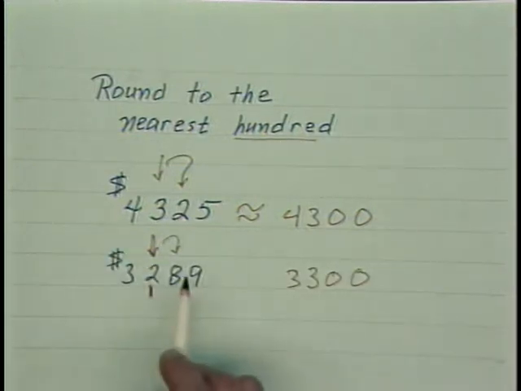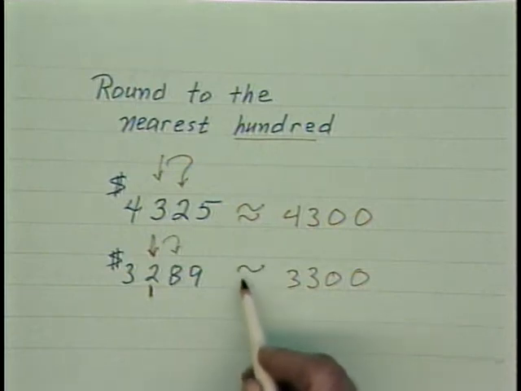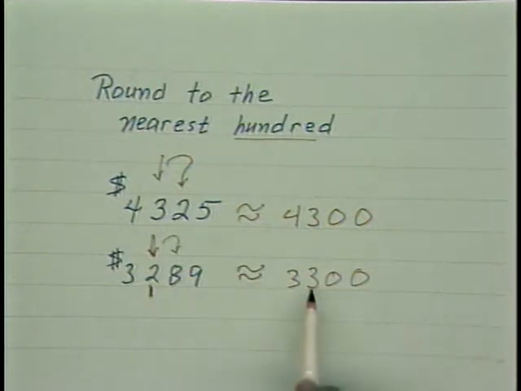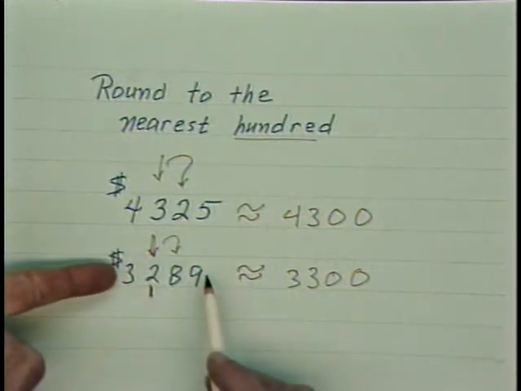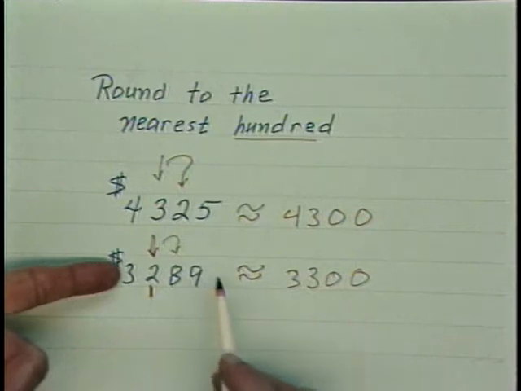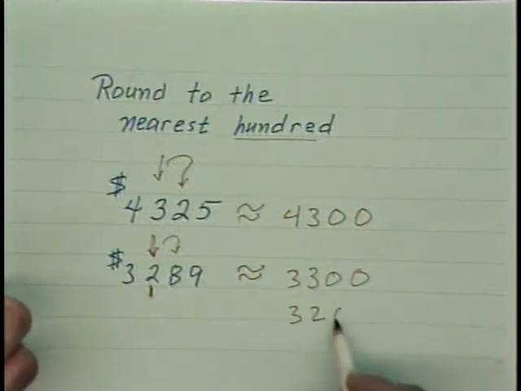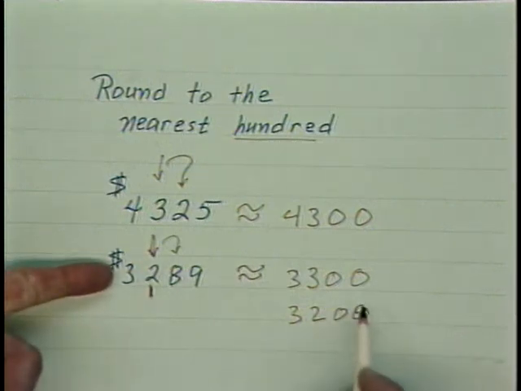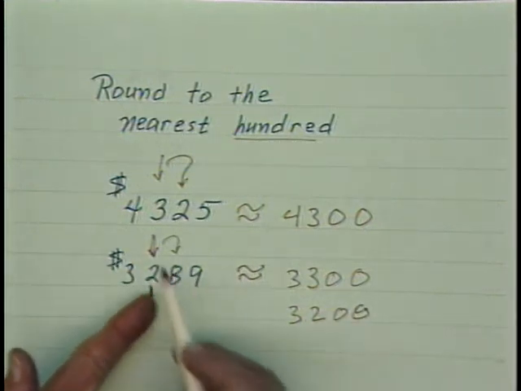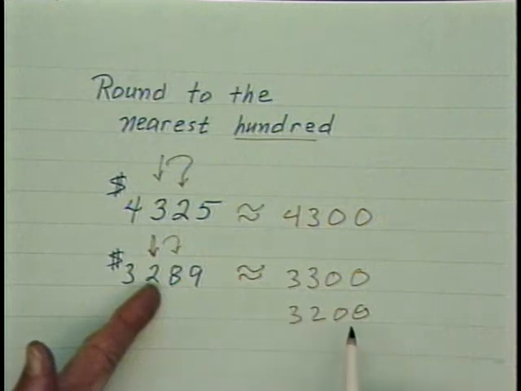So we'd say this car costs approximately $3,300. And you can see that this number is really closer to $3,300 than it is to $3,200. After all, $89 is almost the next 100, not the one down.